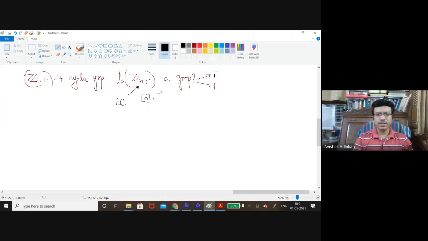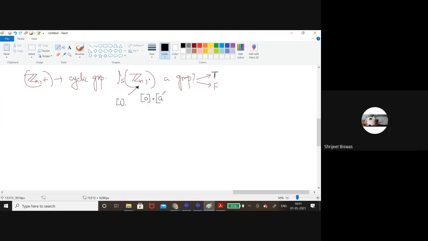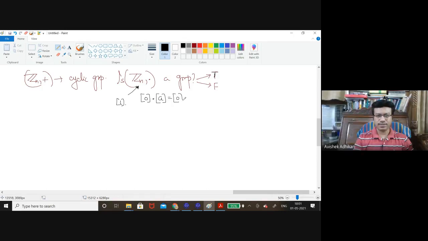Now tell me, doesn't the inverse satisfy? Like 1 into 0 gives me 0 only. So you never have the multiplicative inverse of 0. So this is not a group. So this is false, right?